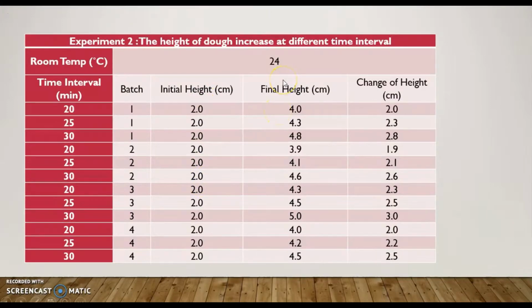After each time interval, we record the final height of the batch and then we minus final minus initial, we get the change of height in cm. So as for 25, we need to wait after 25 minutes and 30 minutes. And then we repeat the time interval for 4 times.